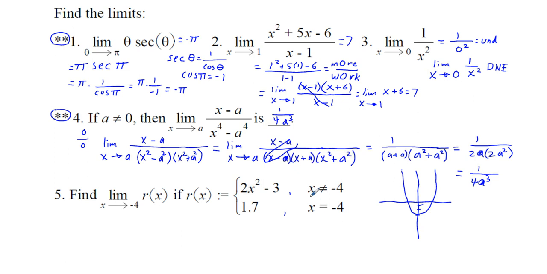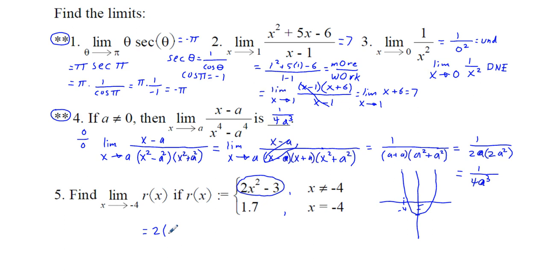And when x equals -4, if we go to -4 someplace, we know that we have 1.7, and then it's this function everywhere else. And so this everywhere else is what determines the limit. So our answer is going to be plugging in -4 for this top piece here.